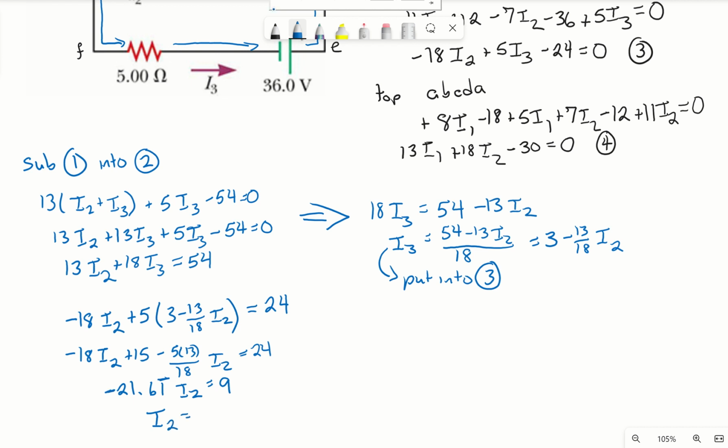I2 is equal to 9 over minus 21.61, which is negative 0.4165. And I should round that to 3 significant figures.